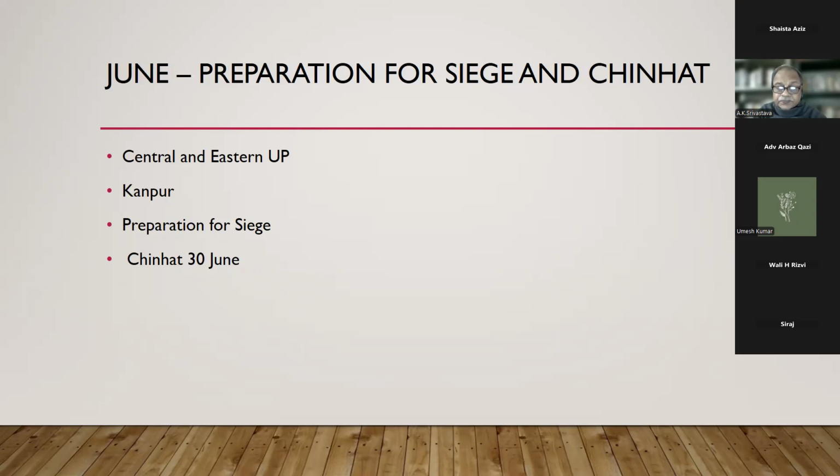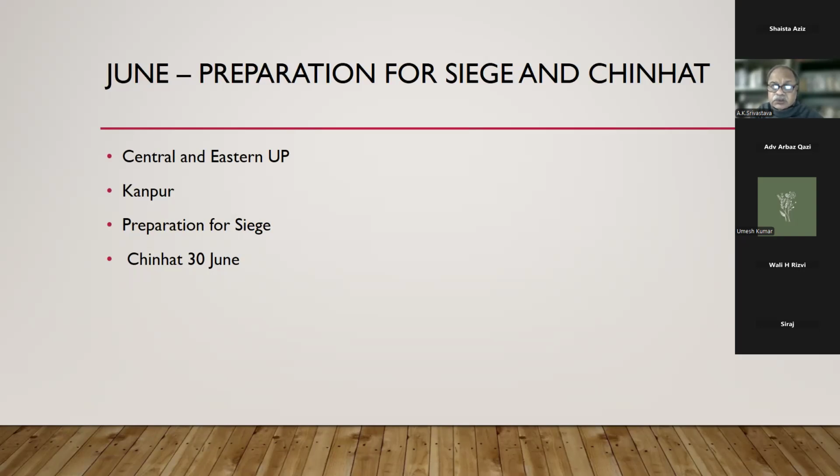By June, the entire Awadh was in revolt, in Gonda, Gorakhpur, Azamgarh, Jaunpur, Faizabad. They were all revolting. In Kanpur, Wheeler was put into siege, and then there was a massacre. We all are aware about that. So La Martiniere was also vacated. The students were called, and preparation for siege was practically being done.